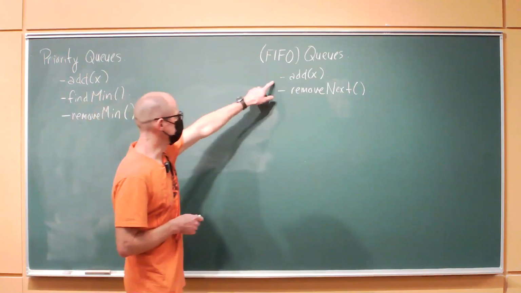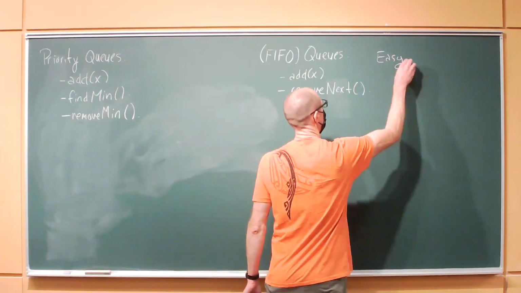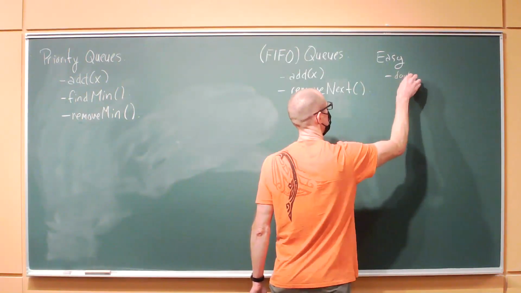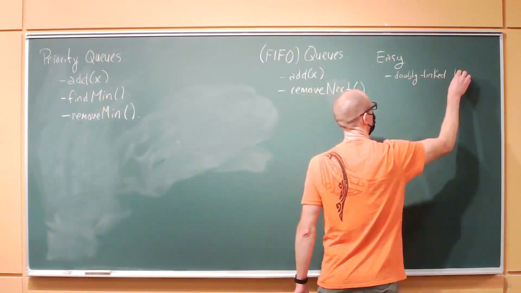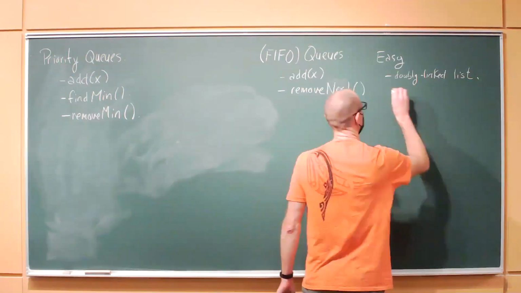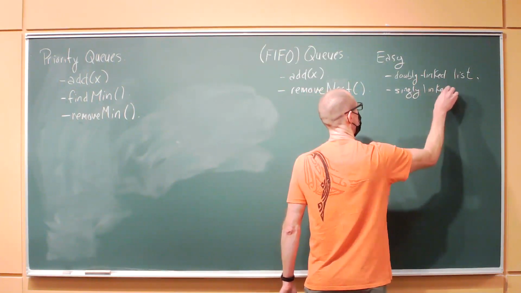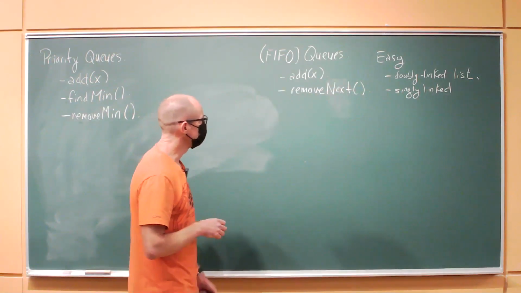So these are really easy. There are lots of ways you can do this. You can use a doubly linked list. You can even use a singly linked list, as long as you add at the correct end and remove from the correct end.